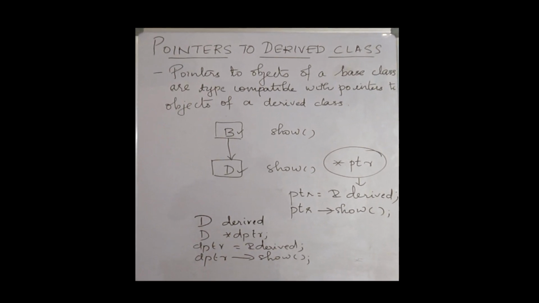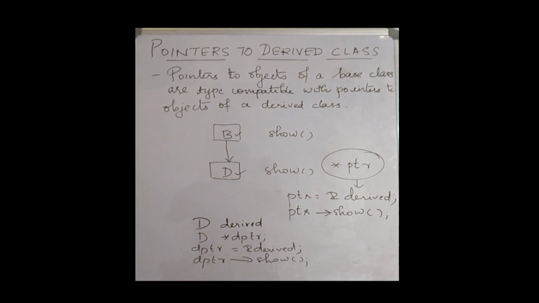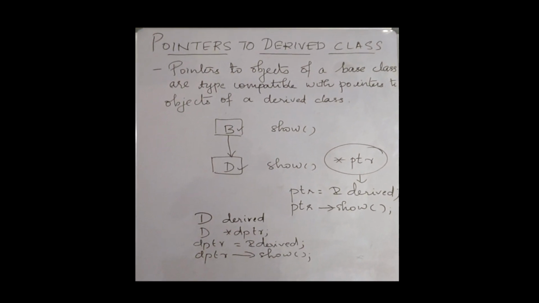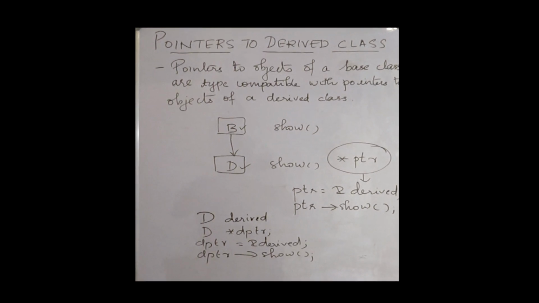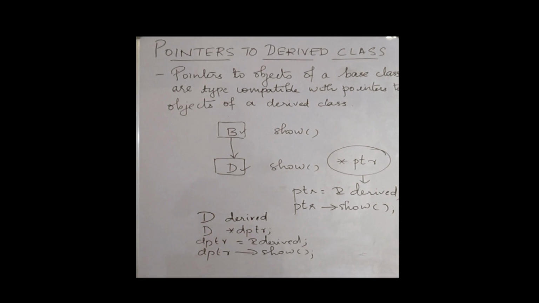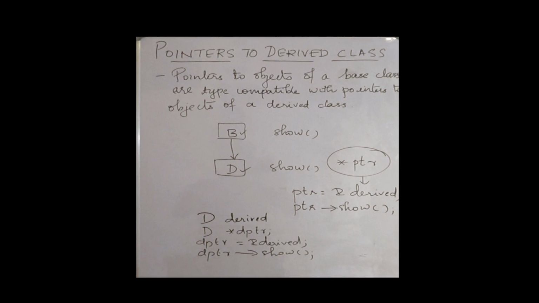We can declare a pointer of the derived class, dptr. Say dptr is a pointer of the derived class. Then we can assign dptr equal to ampersand derived, and if you call dptr arrow show, the derived class D show function will be invoked.